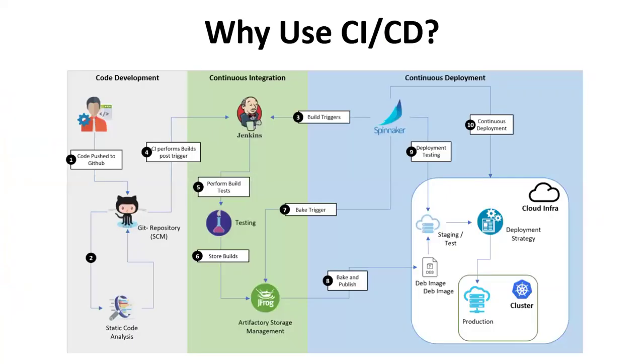So why do we use CI/CD? We use CI/CD because it automates things that can be done manually. It automates them seamlessly, and finds problems before they go into main code.